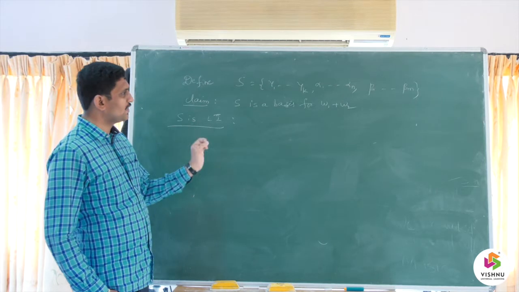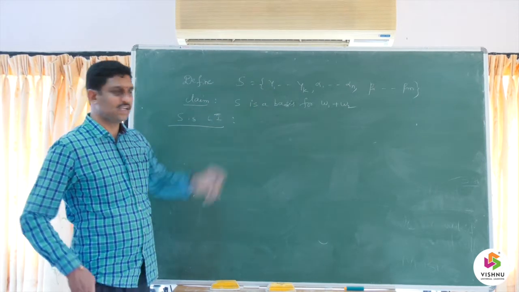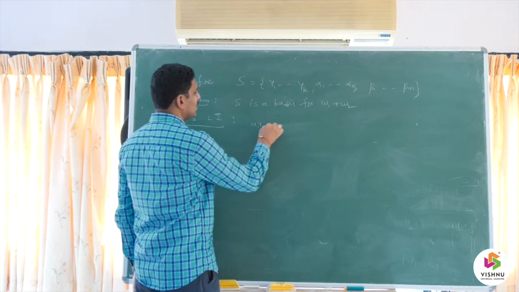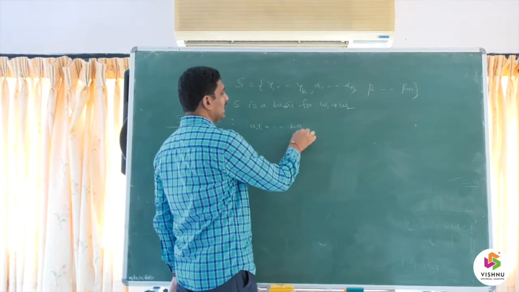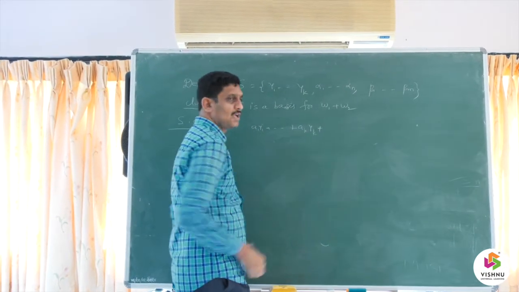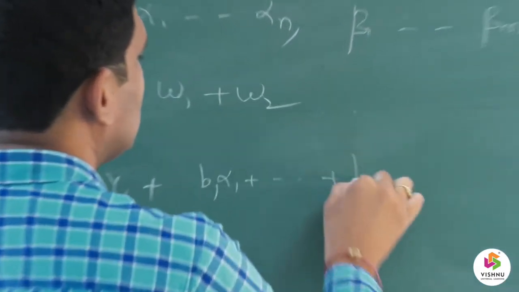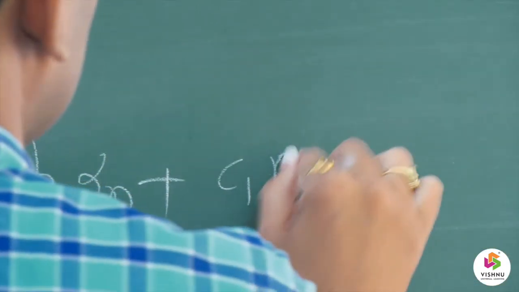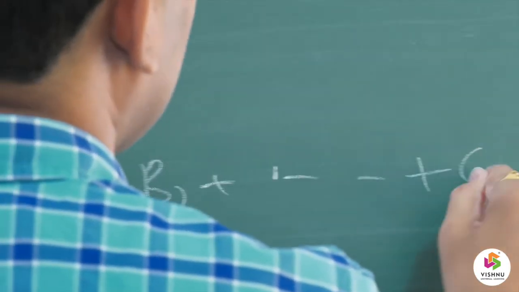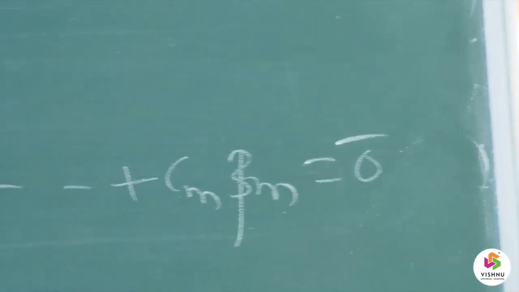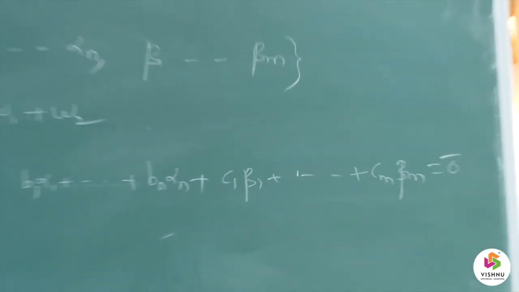So first of all, let us write a linear combination using all the vectors there. So you take that a1 gamma 1 plus so on plus ak gamma k plus b1 alpha 1 plus so on plus bn alpha n plus c1 beta 1 plus so on plus cm beta m is equal to 0 bar. Let us consider like this.